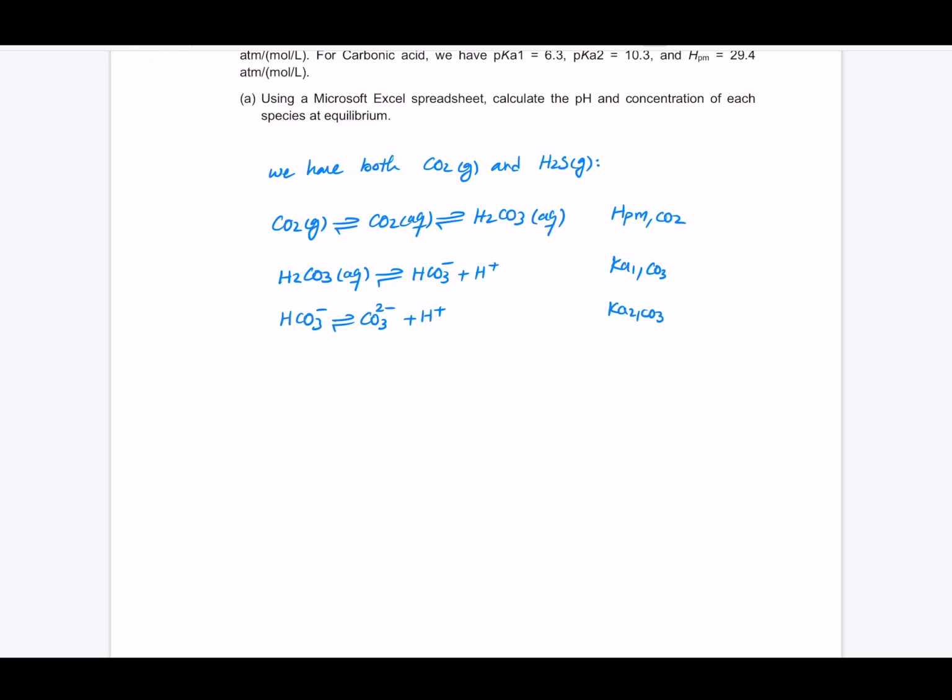Then we have the second gas, H2S, going from the gas phase to the aqueous phase, governed by the Henry's constant for H2S.